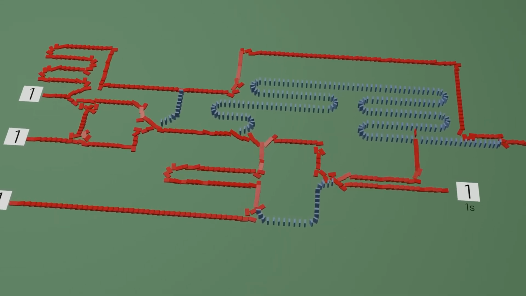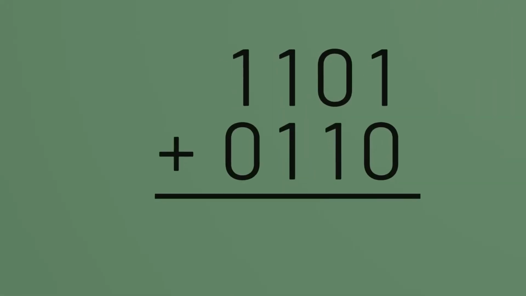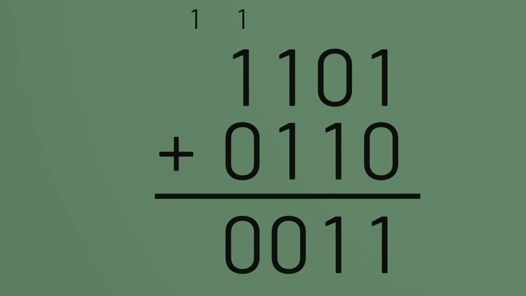The ability to add 3 bits together is actually all we'll need to be able to add any 2 binary numbers together. Binary addition, much like addition you might be familiar with in the world of decimal numbers, can be performed by repeatedly adding together 2 bits, one place value at a time, and sometimes needing to also add a carry bit from the previous step.